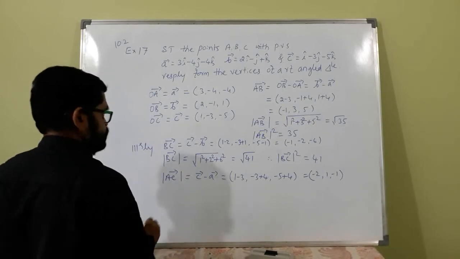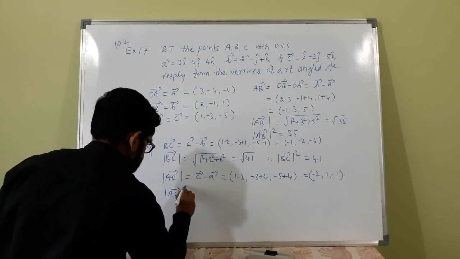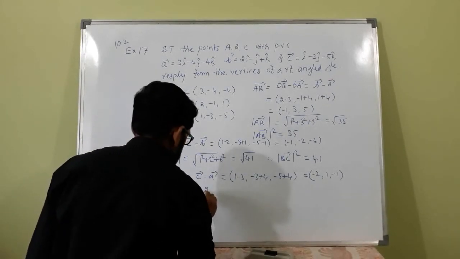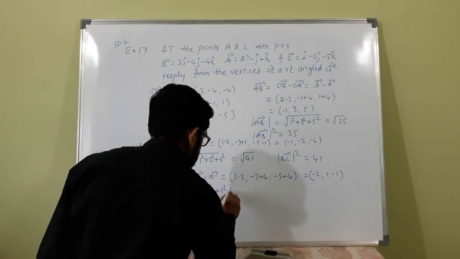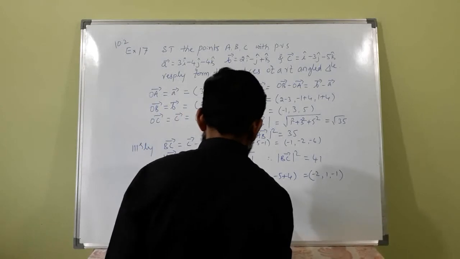Therefore AC square, directly I can write, that is 2 square plus 1 square plus 1 square, 4 plus 2, 6.